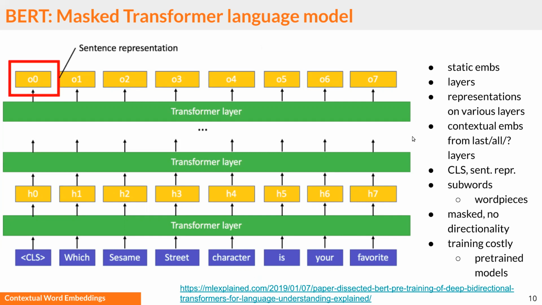So one thing is that because there are multiple layers, the findings are that the different layers tend to learn different linguistic properties. So the initial layers typically learn something about morphology.